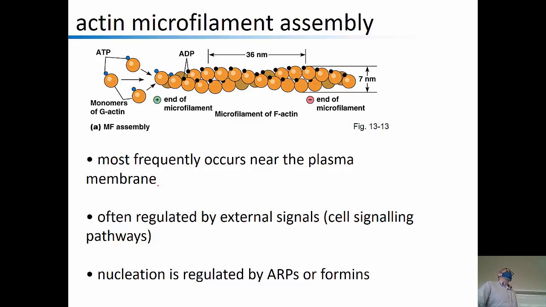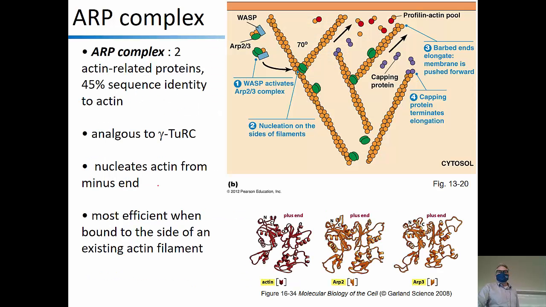Importantly, these are often regulated by cell signals. What the signaling complexes can do is determine which enzymes that contribute to the formation of the microfilaments are activated. If we activate the Arp2/3 complex, we get cross-linked microfilaments because Arp2/3 nucleates, but it's most efficient when it's bound to an existing microfilament.